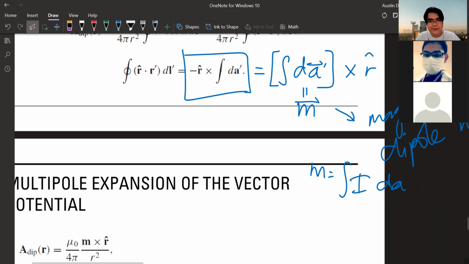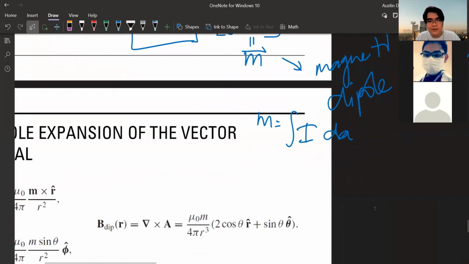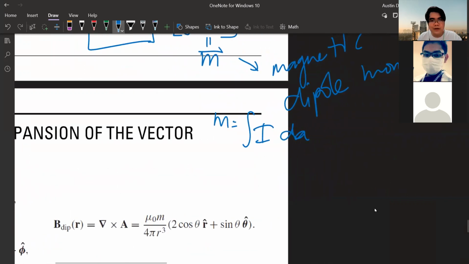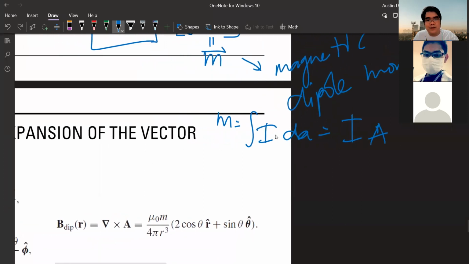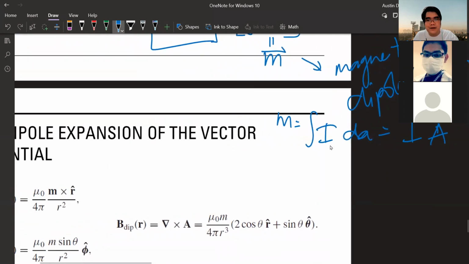Okay? Ano lang, notation lang. Okay. So, in essence, this is actually IA. Kung makukuha mo yung... So, hindi sila dot product, no? There's no need to get the dot product between them. Okay?